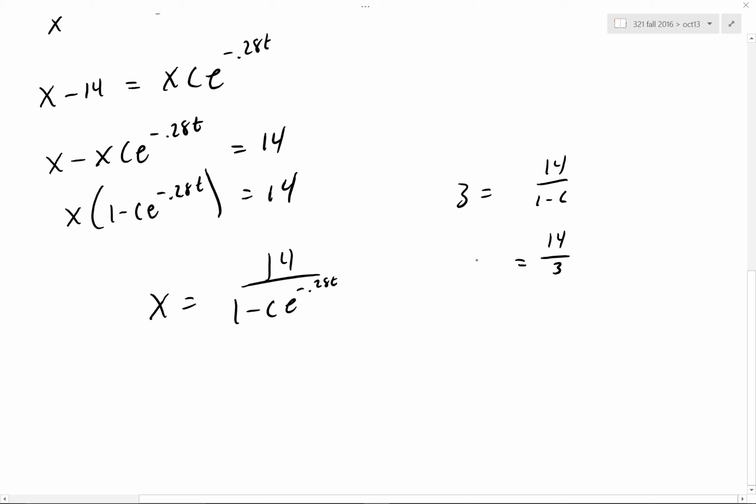Why did I do that? That was just dumb. Well, I don't really care. It's fine. So 1 minus 14 thirds is equal to c. Well, that's 3 thirds minus 14 thirds, which is negative 11 thirds. So c is negative 11 thirds. So that makes this plus 11 thirds there. Okay, anyway, that's the idea.